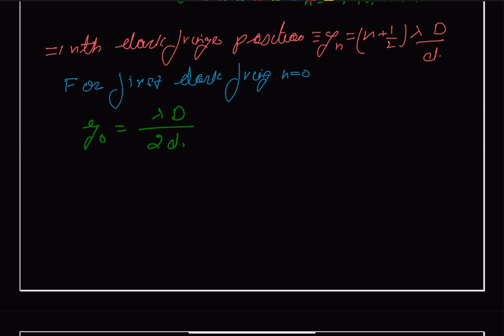And it is also given that the first dark fringe is observed directly opposite to one of the slits. So we are also given that first dark fringe is opposite to slit.